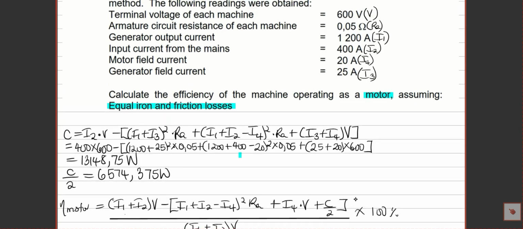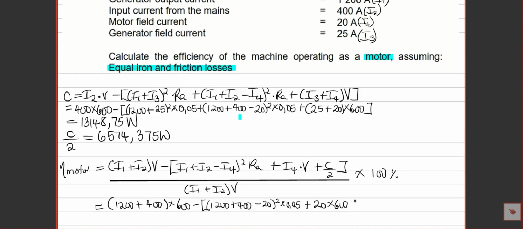Let's confirm. There it is at the top, 600, plus, earlier we found our C over 2, we have 6574,375, close bracket.